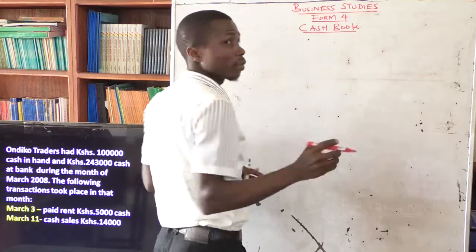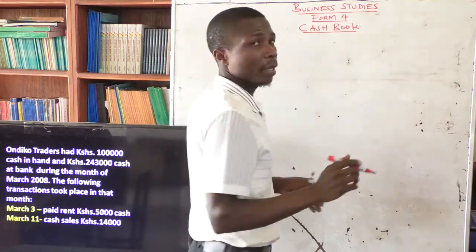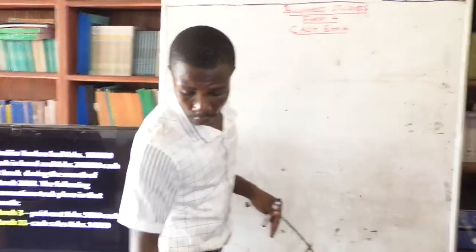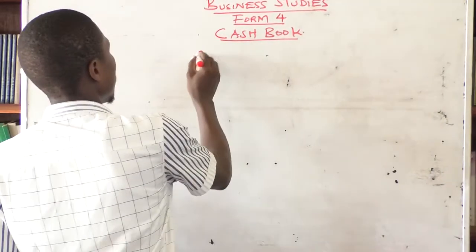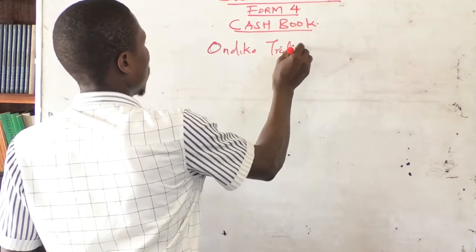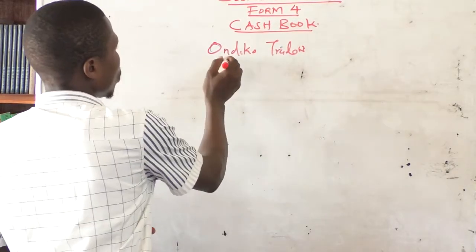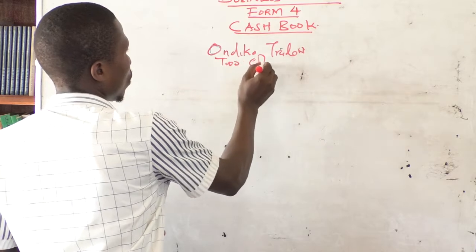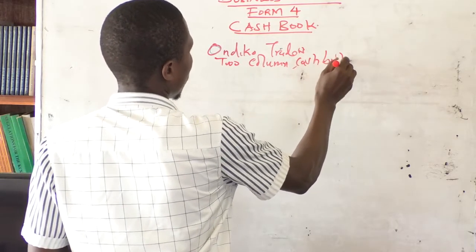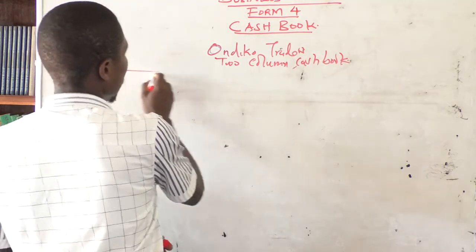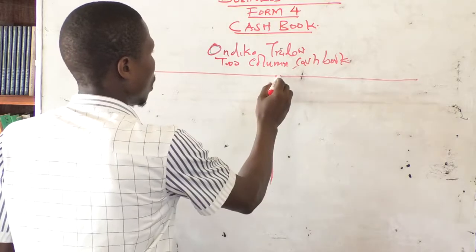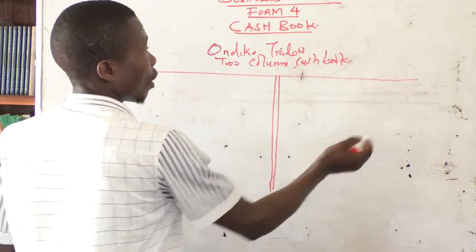First you start with the title. We say Ondiko Traders, two-column cash book. Then this one must be a double line.